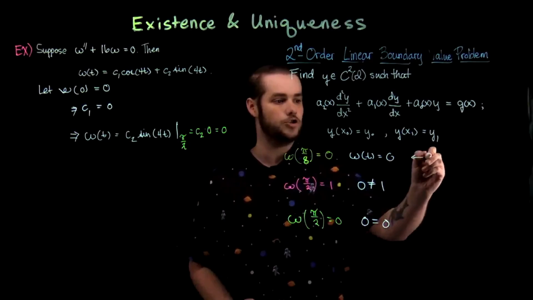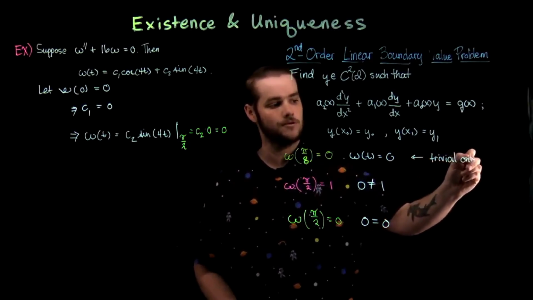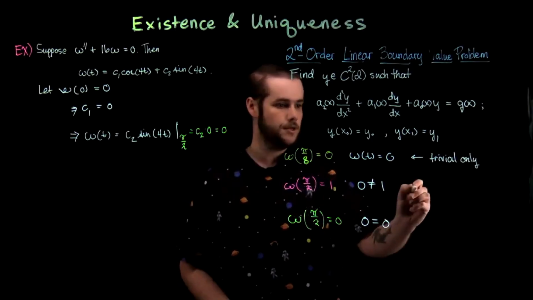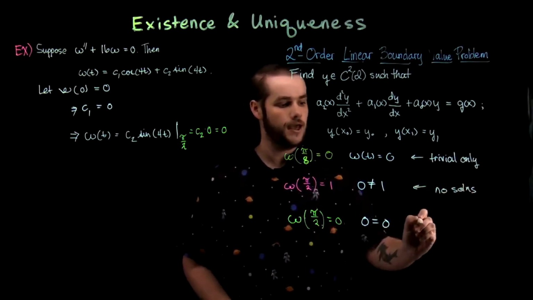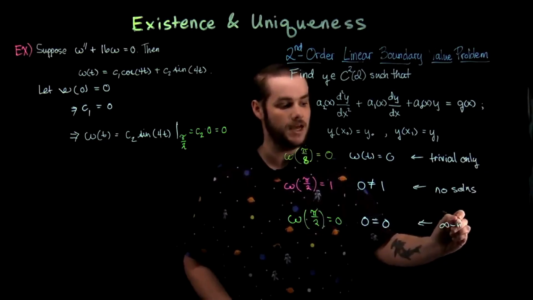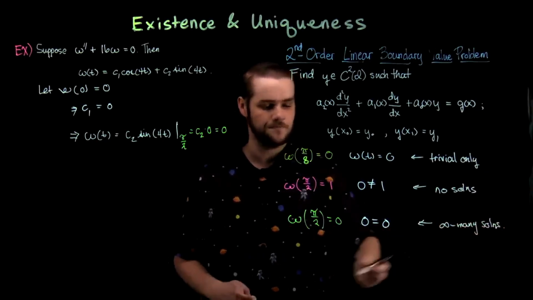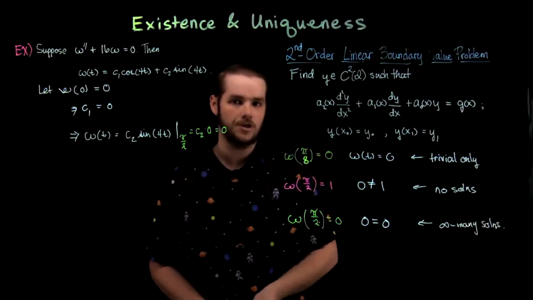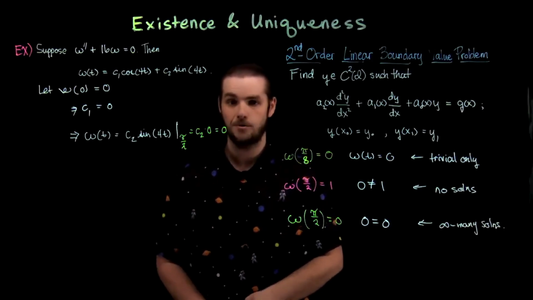Here I had the trivial solution only, or one solution. Here I got that there are no solutions, and here I actually got infinitely many solutions. So we don't always have the luxury of having a solution, let alone a unique one.